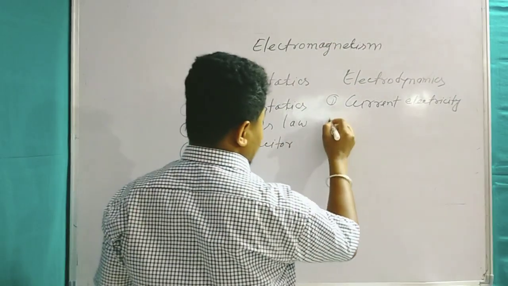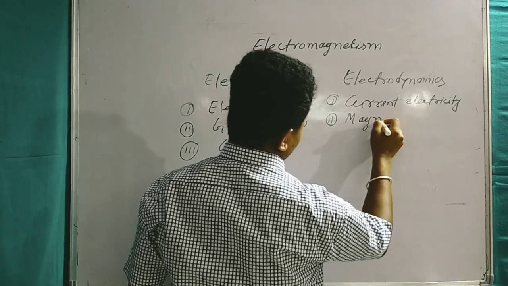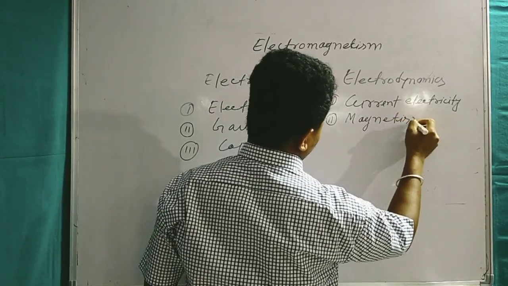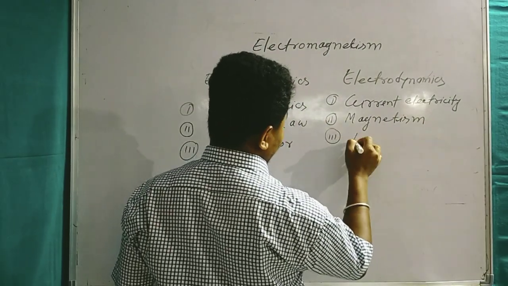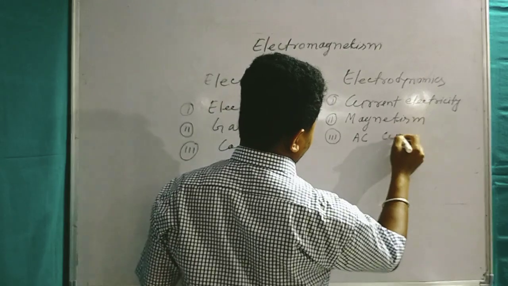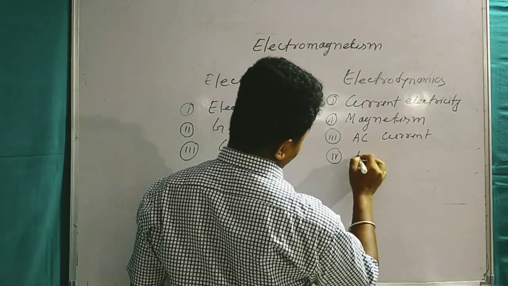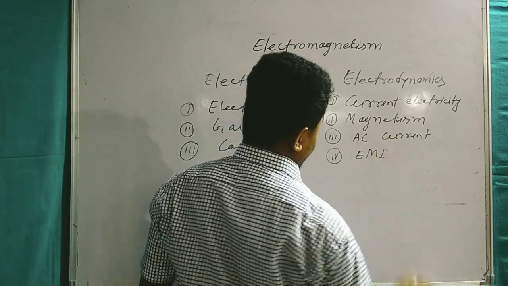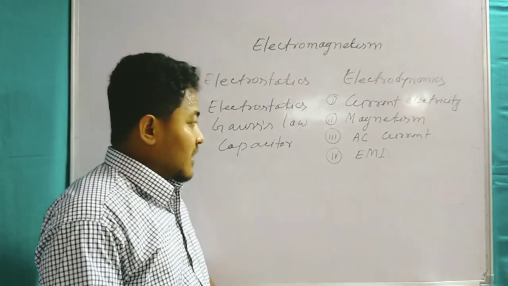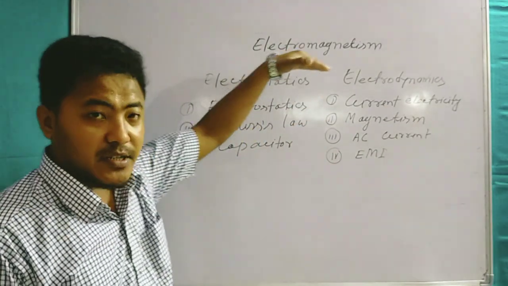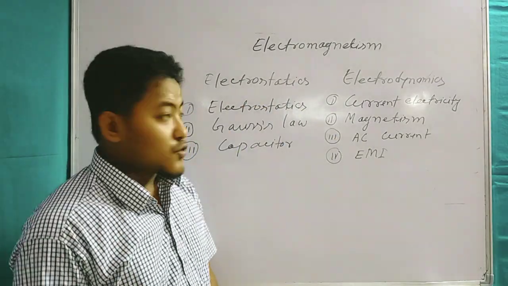And number two, secondly, we'll go for magnetism. Then we'll have AC current, and we'll have EMI, that is electromagnetic induction. So this is a simple introduction to electromagnetism along with electrostatics.